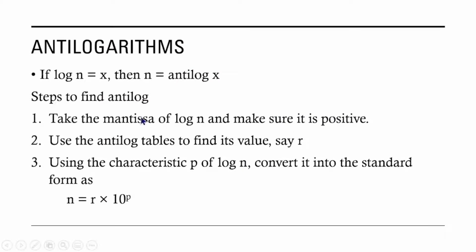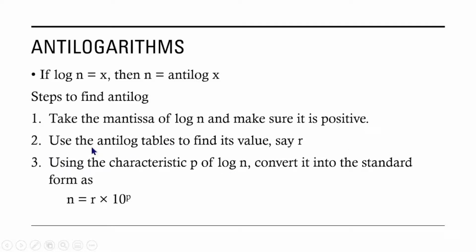Now we will see the steps to find the antilogarithms. If log n is equal to x, then we can find n as antilog of x. How to find antilog? We will see. The first step is take the mantissa of log n and make sure it is positive. So when we have log n, it will have the characteristic part and the mantissa part. We have to take the mantissa part and make sure it is positive.